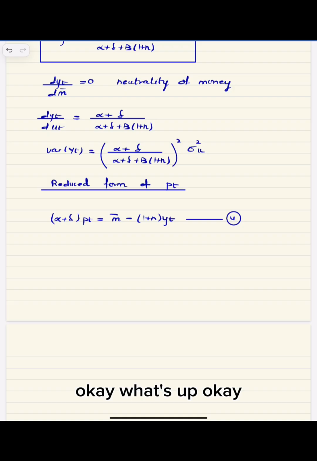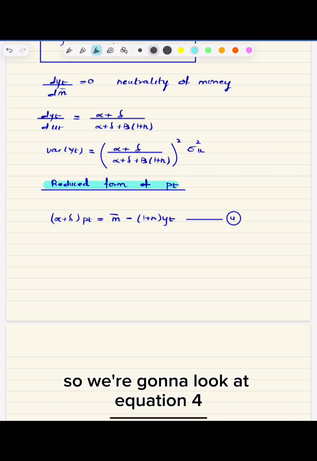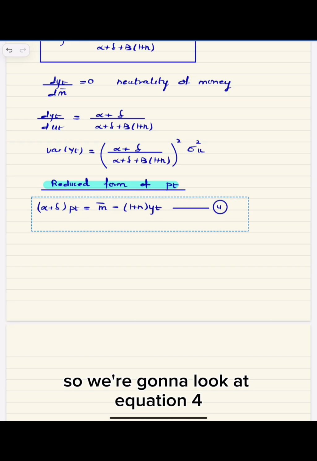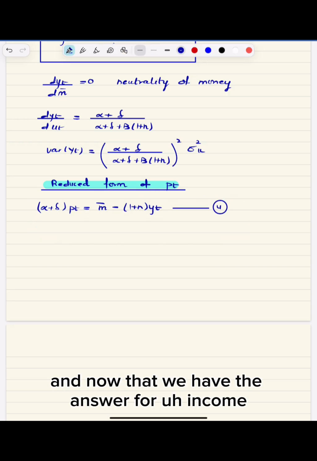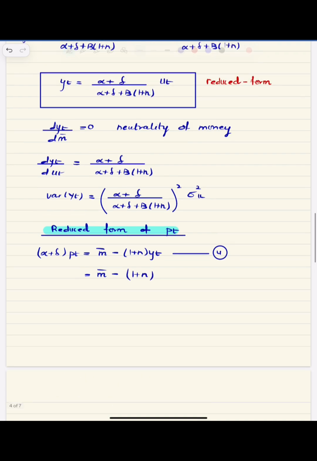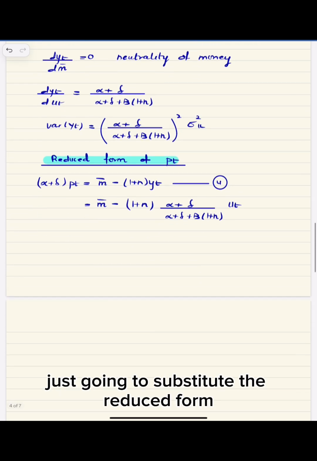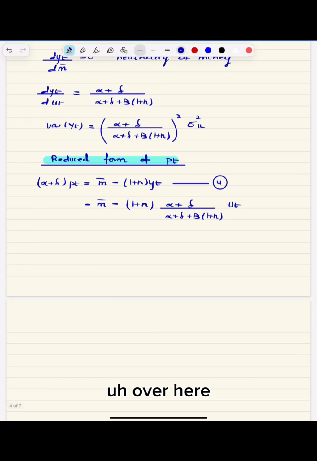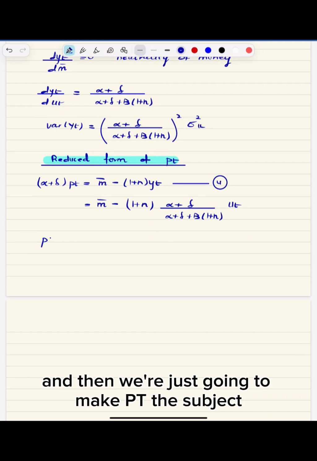Okay, so we're going to look at equation 4, and now that we have the answer for income, we're just going to substitute the reduced form over here, and then we're just going to make PT the subject.